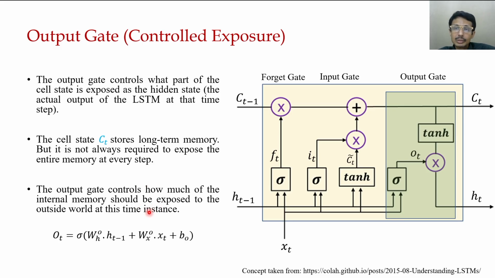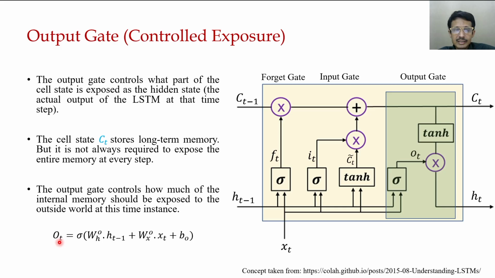That is very important to understand: this output gate essentially controls h_t, and this h_t is going to be outputted. c_t may not be outputted every time. It is a very important and interesting concept.